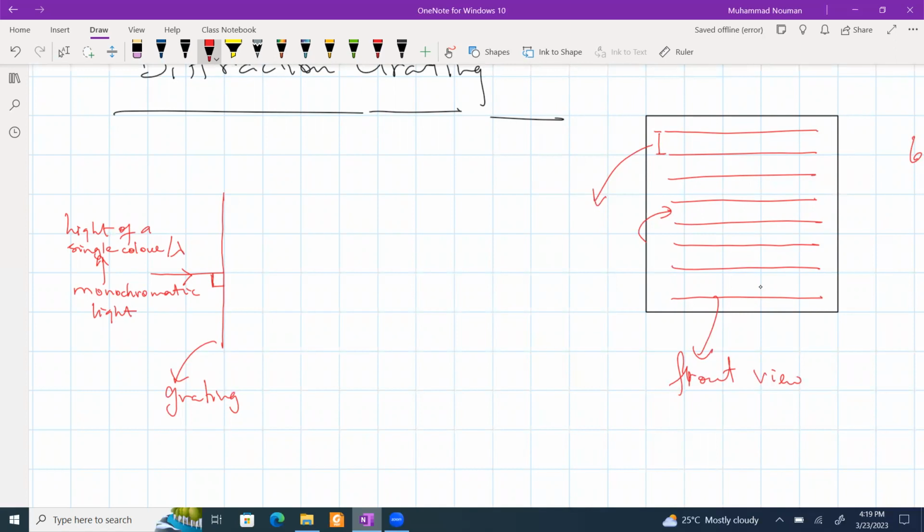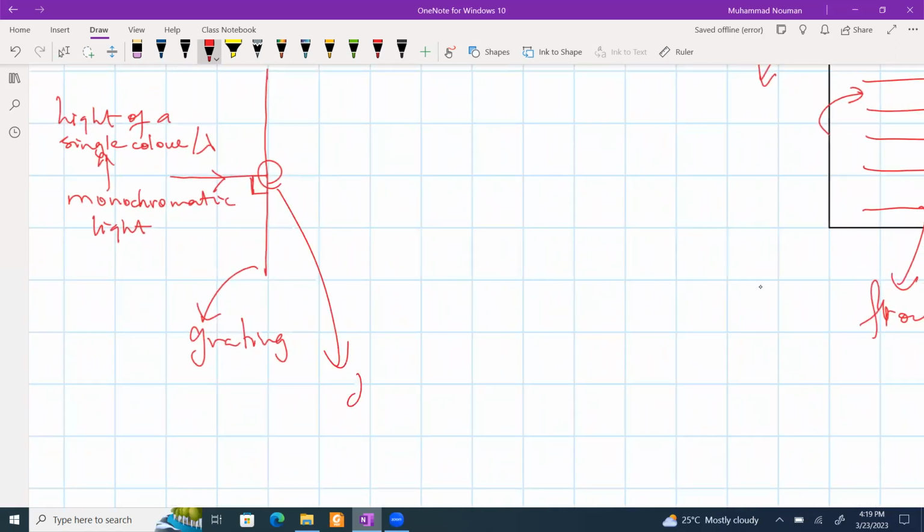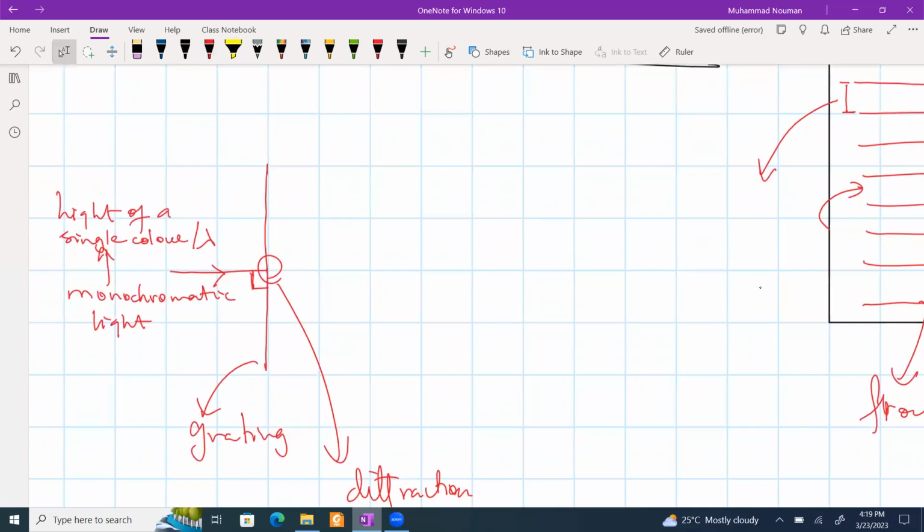So, when light passes through this grating, it will spread, meaning diffraction takes place. And after diffraction takes place, many light rays will be overlapping each other, meeting each other. What is that process called?